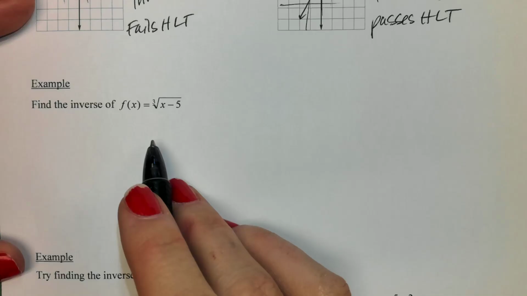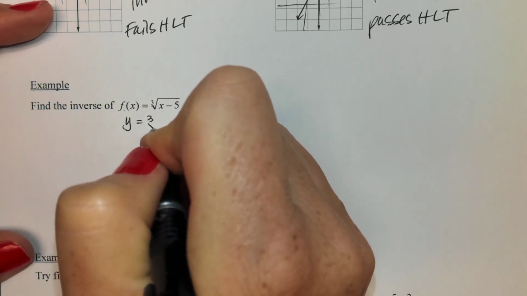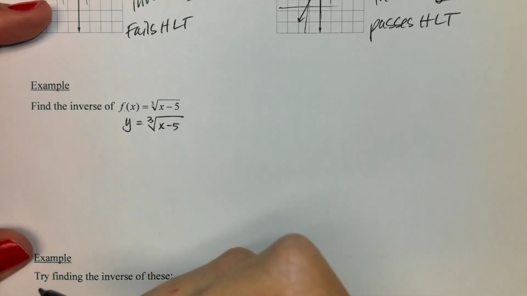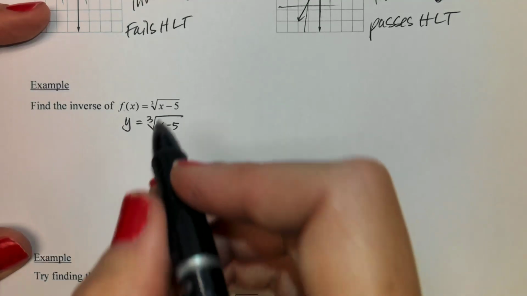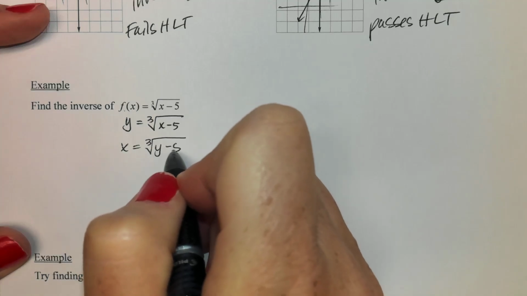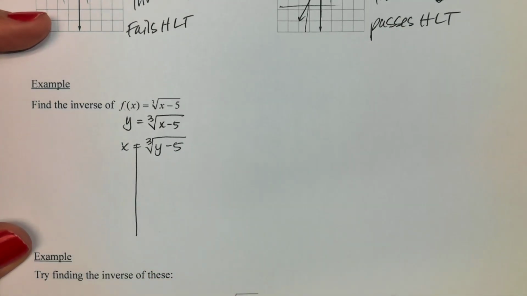So the first step to finding an inverse is to replace that f of x with a y. And then we're literally going to switch the x and y. Kind of like how our xy charts on the inverses are the flip of the regular xy chart. We're going to flip where our x's and y's are. Literally change their places. And now we're just going to solve for y.